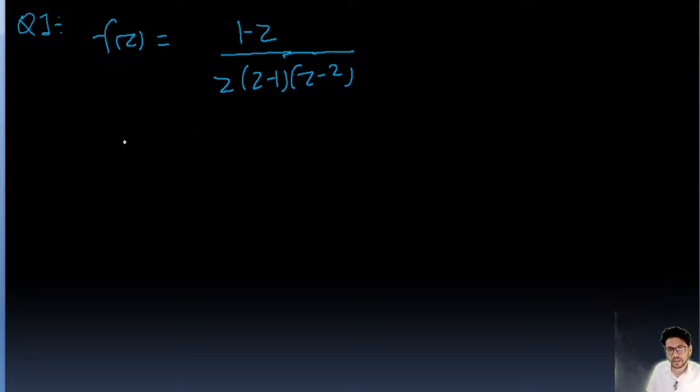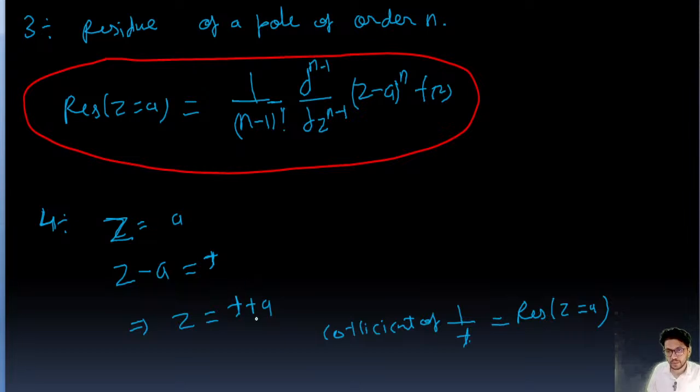So first, for getting the poles, we'll put the denominator equal to zero. Then we'll put this expression z equal to t plus a, then we'll expand it, and after that the coefficient of 1 upon t is going to be the residue at z equal to a. I'll solve the question, then it will clear your doubt.